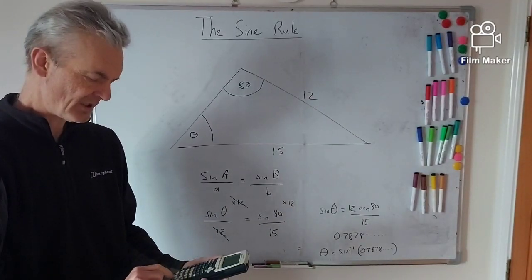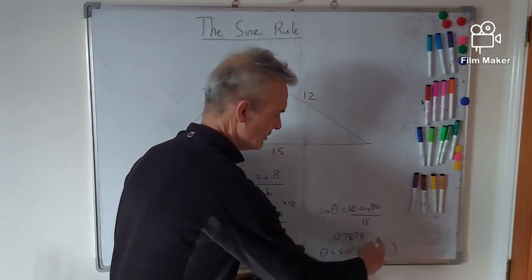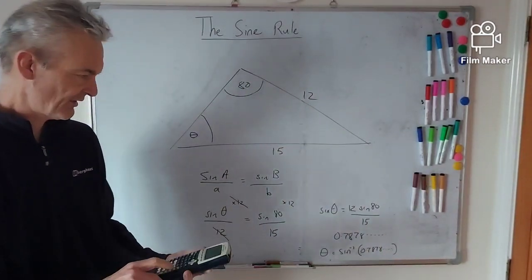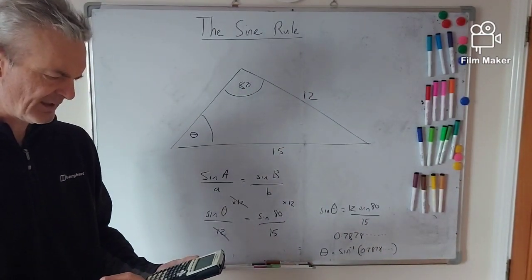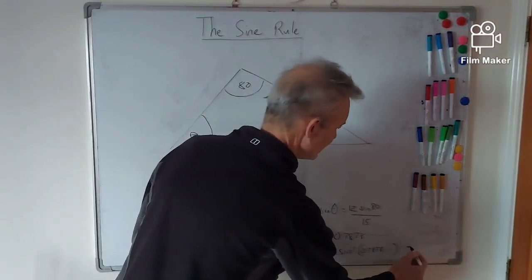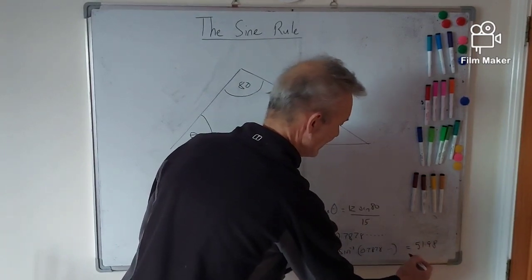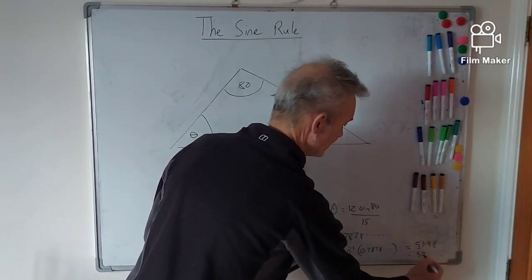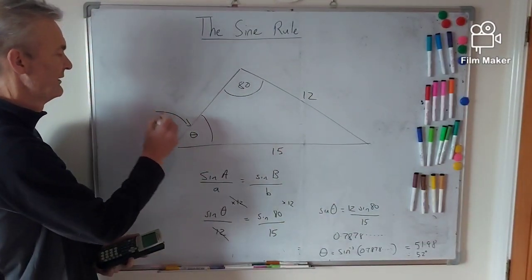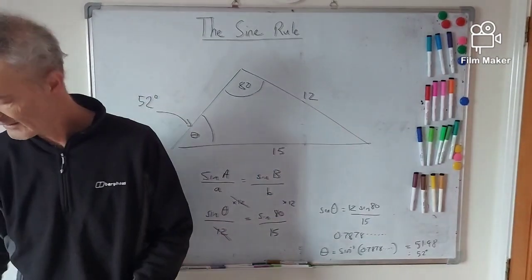So you're going to put answer in there, which transfers the whole of this number into sine to the minus 1 and equals, and it gives 51.98, or we could round that up to 52 degrees. So this angle here is going to be 52 degrees using the sine rule.